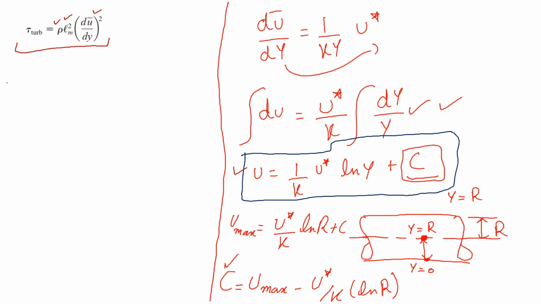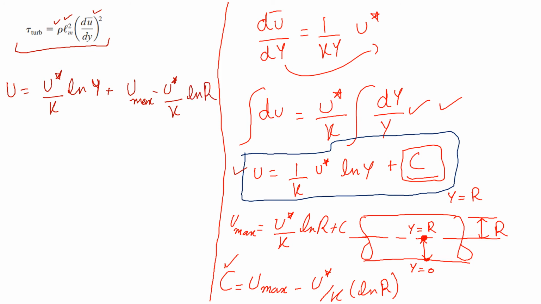This will be the equation: u is equal to u star over k natural log of y plus (u maximum minus u star over k natural log of r).